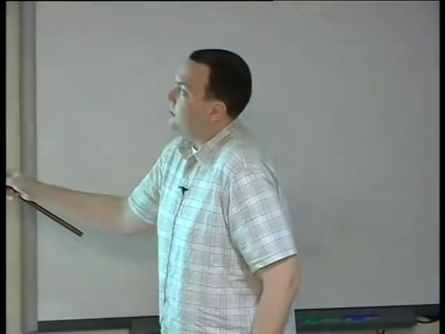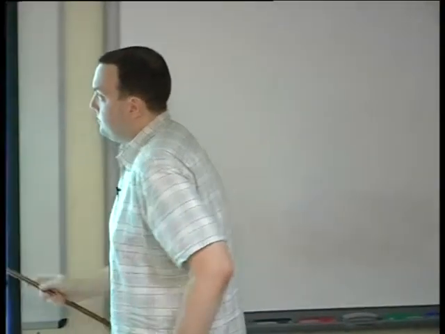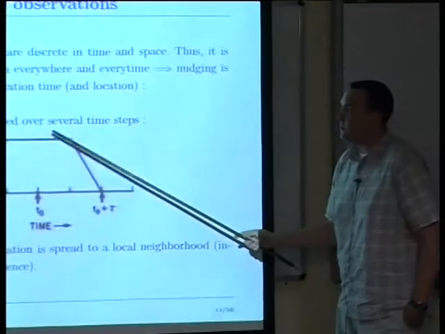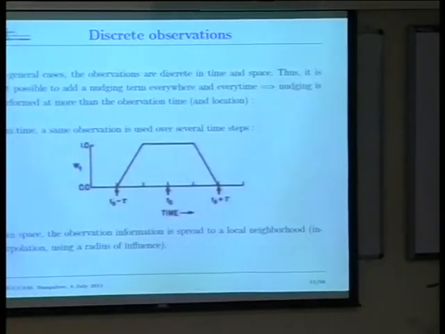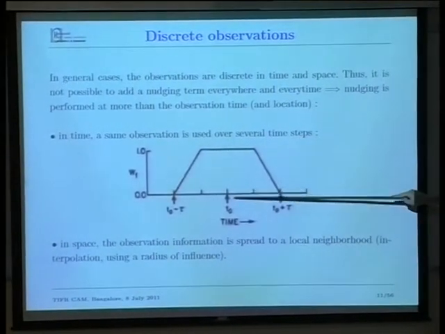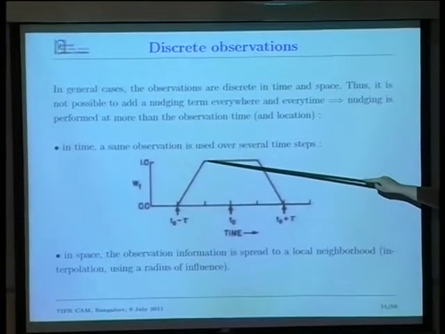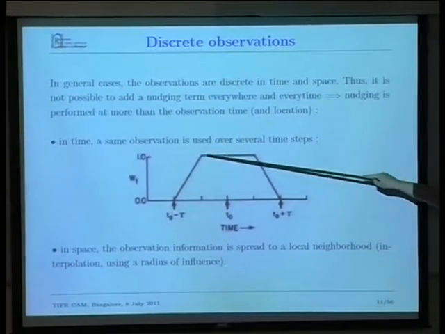So what happens if you have discrete observations? You cannot just add a small correction at the exact time and location of your observation. In time, usually the same observation is used over several time steps. So you can use this kind of interpolation. If the observation is at this time, you add the correction at these three time steps.